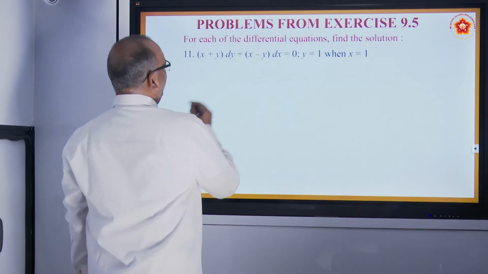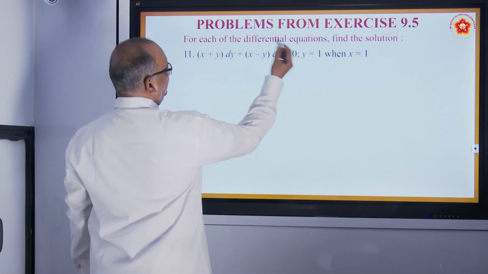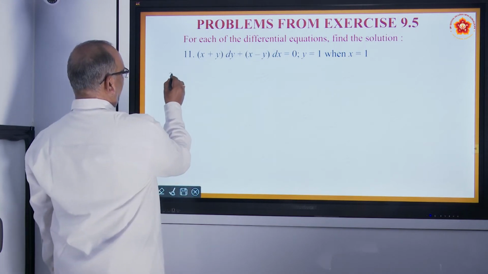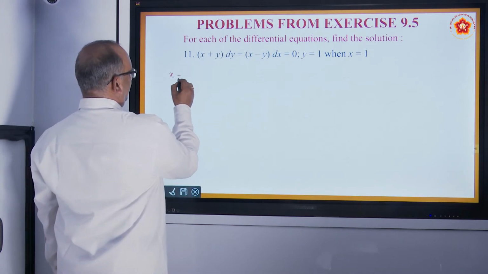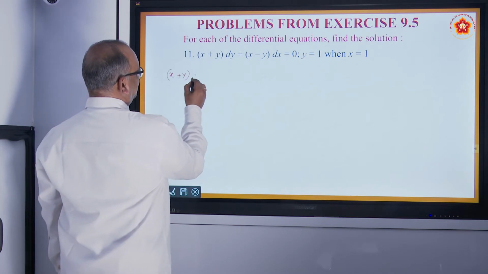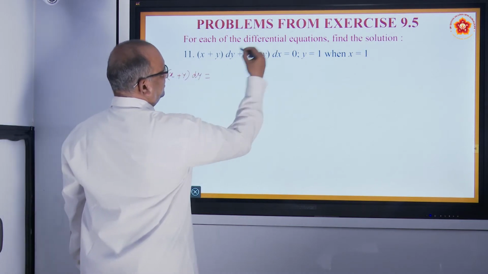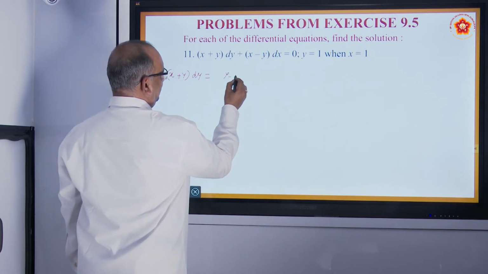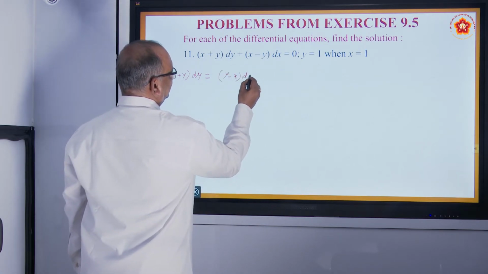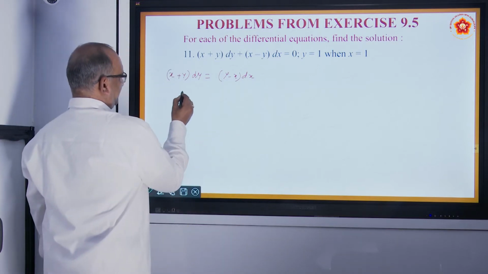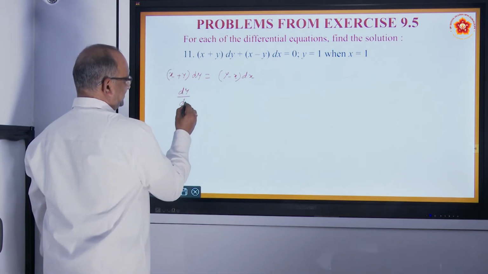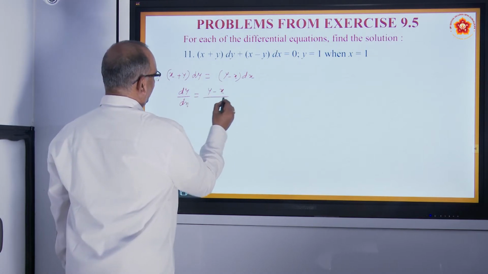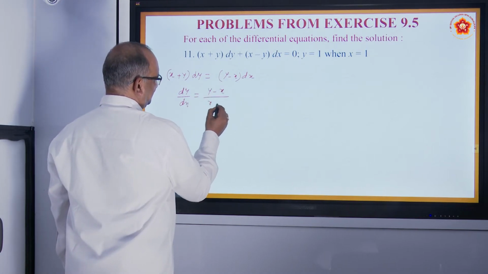So in order to do that, let this term be here, and shift the x plus y dy to that side. When you shift it to that side, that will become y minus x dx. Hence, dy by dx can be written as y minus x upon x plus y.